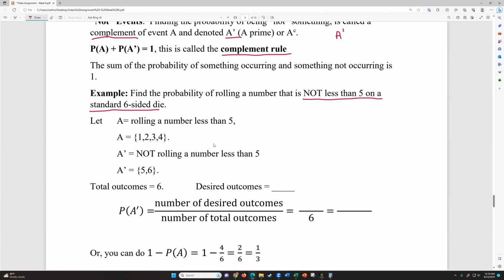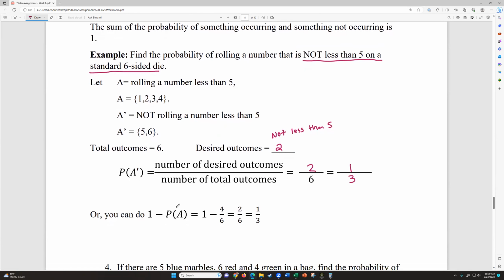A die has a total of 6 outcomes. The desired outcomes, not less than 5, there were 2 of those, okay? So the probability of not less than 5 is 2 out of 6, which is 1/3.